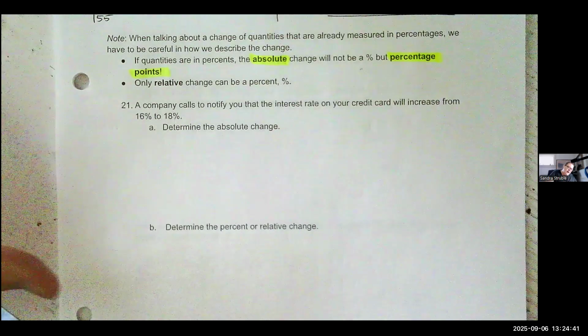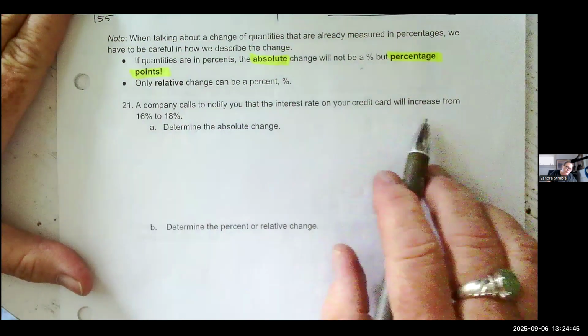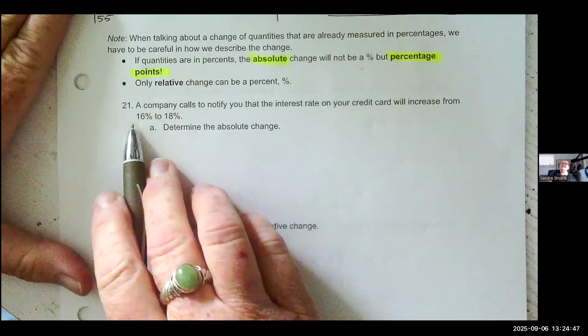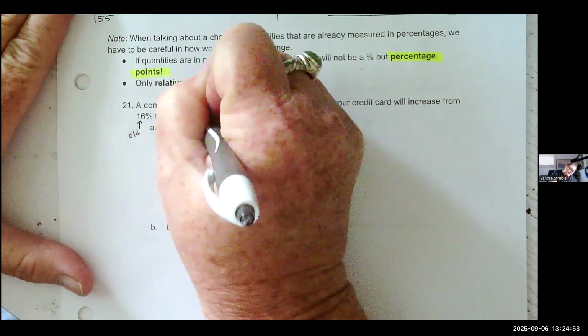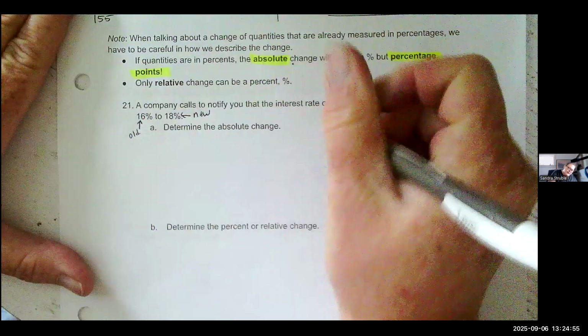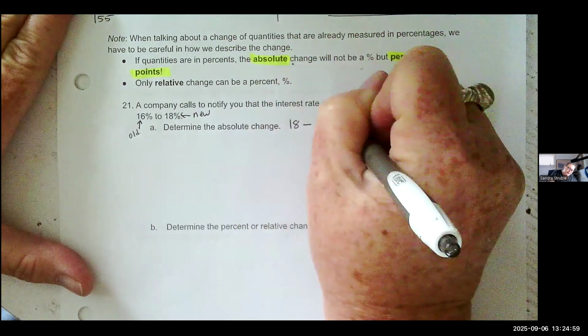All right. A company calls to notify you that the interest rate on your credit card will increase from 16% to 18%. So this is your old and this is your new. We're going to find the absolute change is new minus old, which is 2.